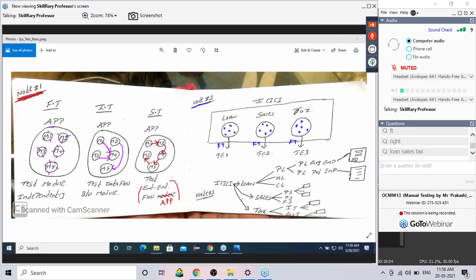Good. Or the second simplest answer, guys: does test engineer 1 have knowledge of sales and tax, first of all? He doesn't have time to learn loan only. From where will he learn sales and tax? Correct. And the second thing is, one person should not test all the modules, else accountability will not be there.